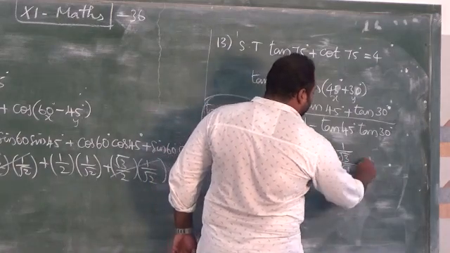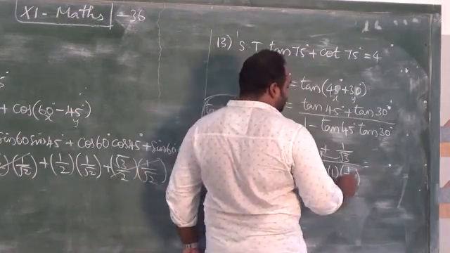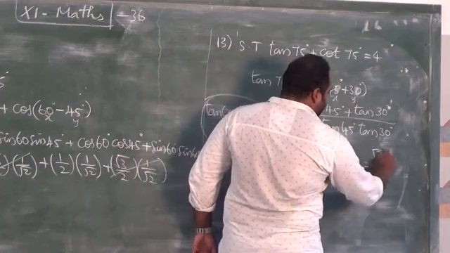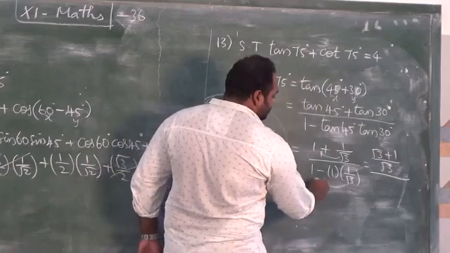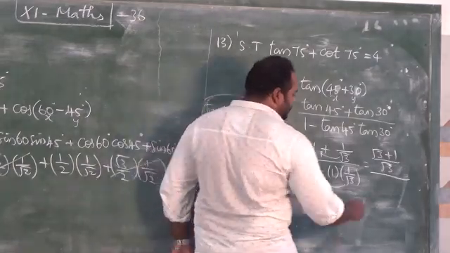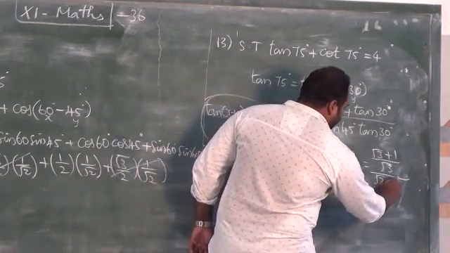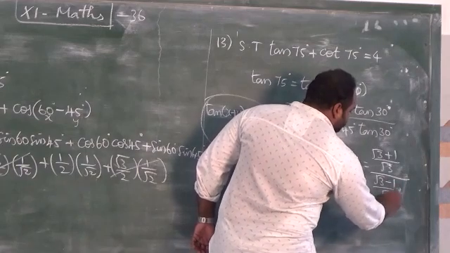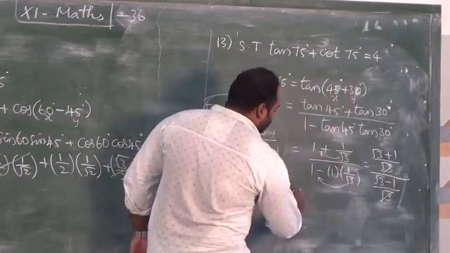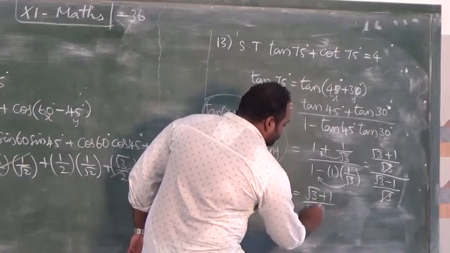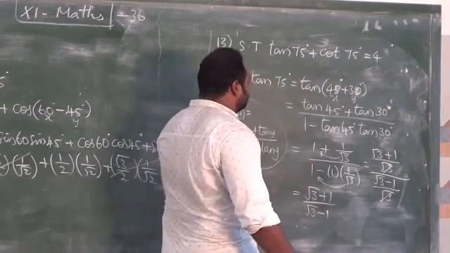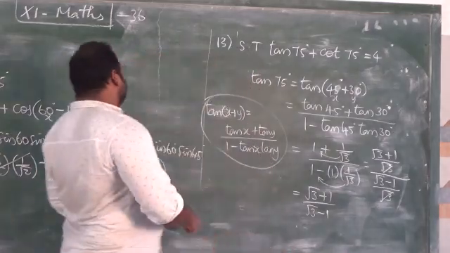Just take the common denominator: root 3 plus 1 by root 3 in the numerator. Same thing here also: root 3 minus 1 by root 3. Root 3 cancels. So the answer is root 3 plus 1 by root 3 minus 1. This is the answer for tan 75.